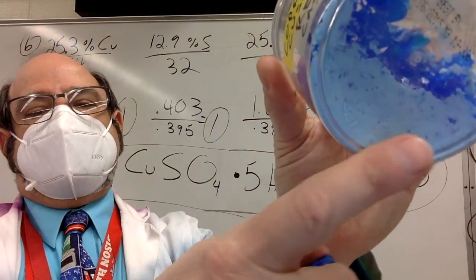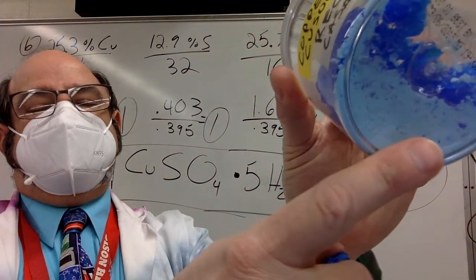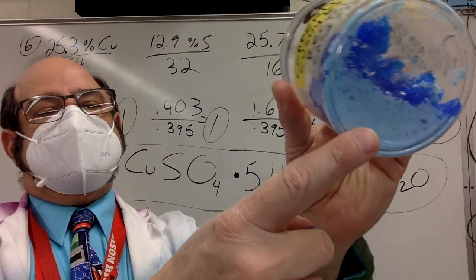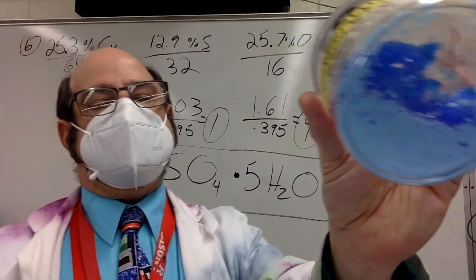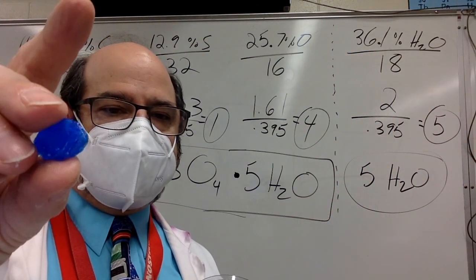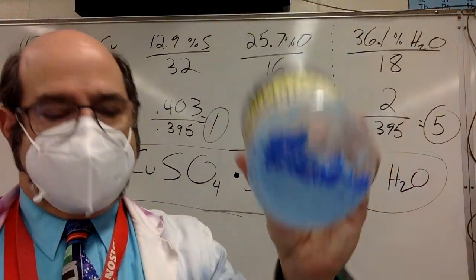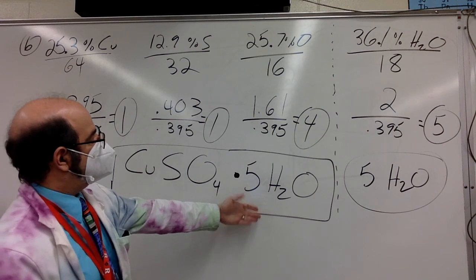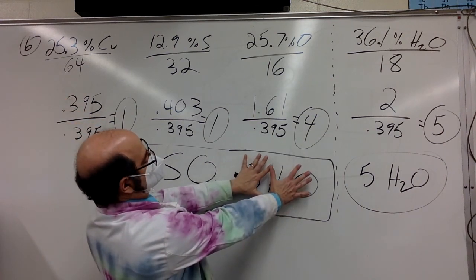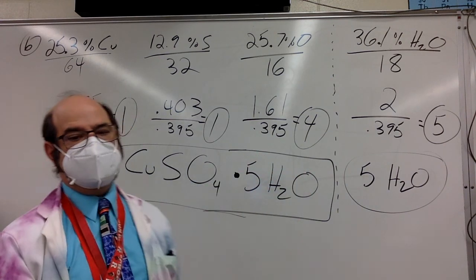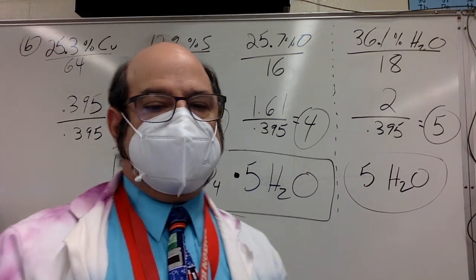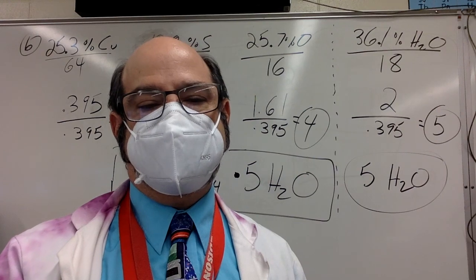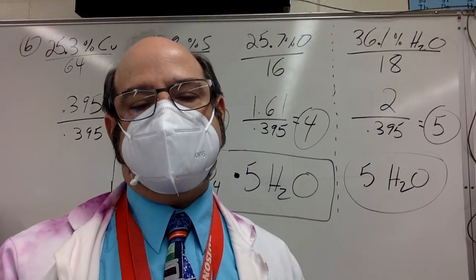The water comes out, and it forms this light blue powder, which has no waters in it. That is the anhydrous. So we have a hydrate and anhydrous. And here we have a hydrate with 4 waters, anhydrous without the water. So that is how you do a hydrate. Tough, but once you know how to do it, it's not so bad.